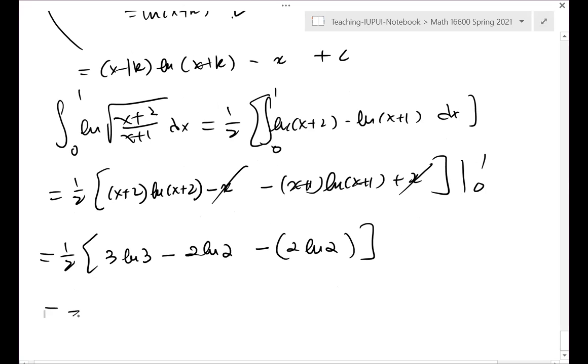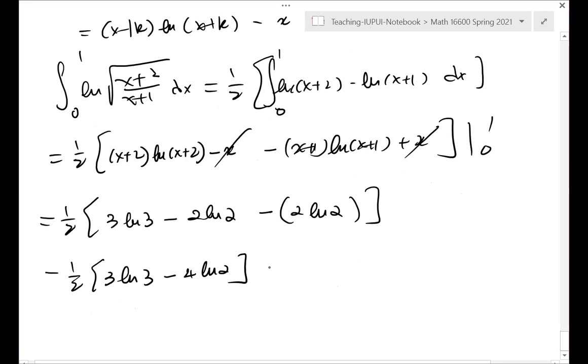So the answer will be 3 natural log of 3 minus 4 natural log of 2. I can also combine them into one: natural log of 3 cubed divided by 2 to the 4th power.